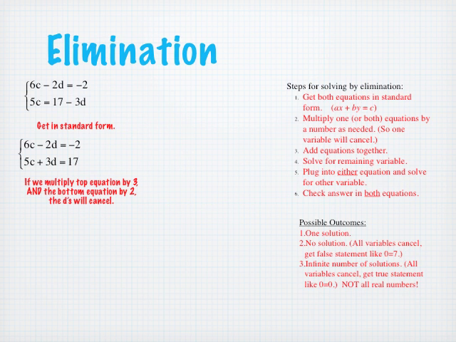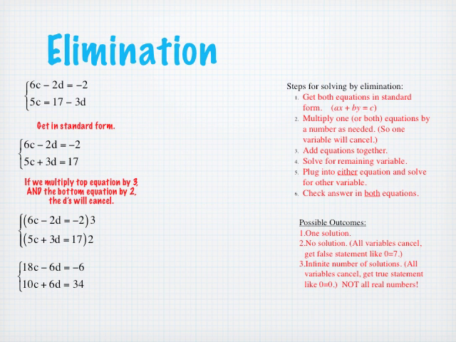The reason I chose that is that those d's are already different in sign, so I'm just going to capitalize on that, and the numbers are smaller. But it would have been totally fine to do it the other way. So if I multiply the top equation by 3 and the bottom by 2, the first one becomes 18c minus 6d equals -6, and the bottom equation becomes 10c plus 6d equals 34.